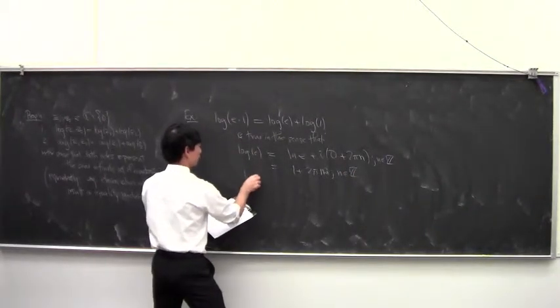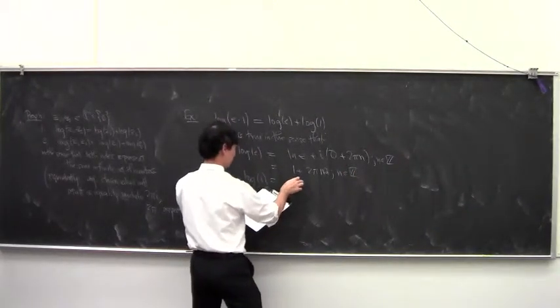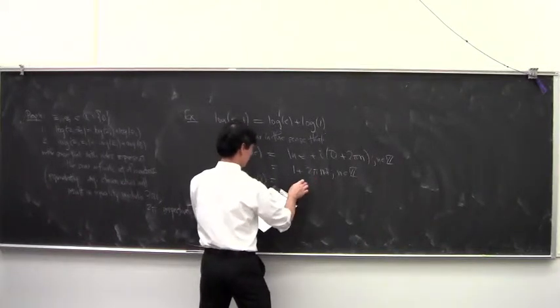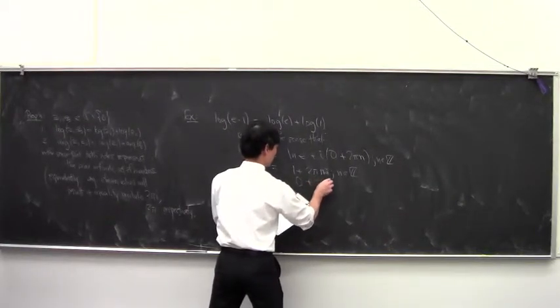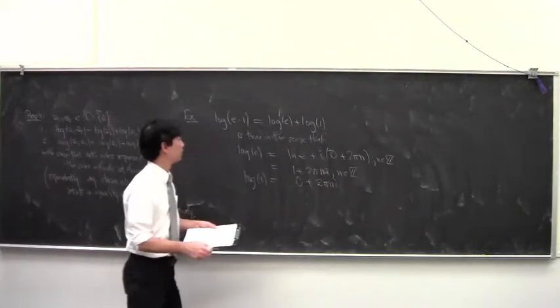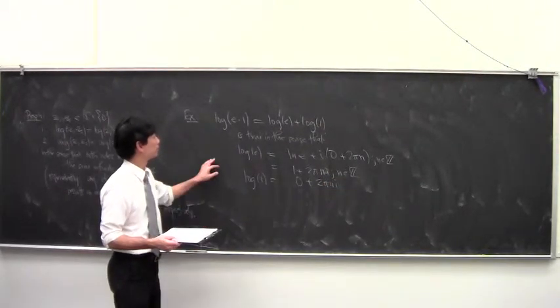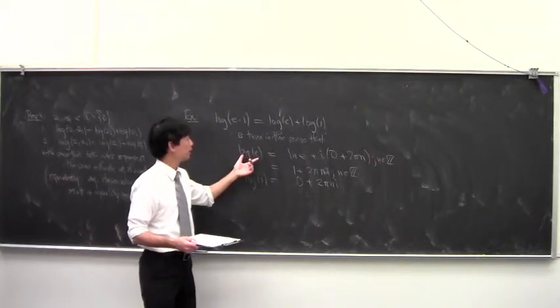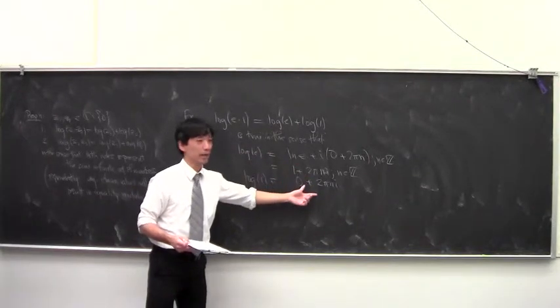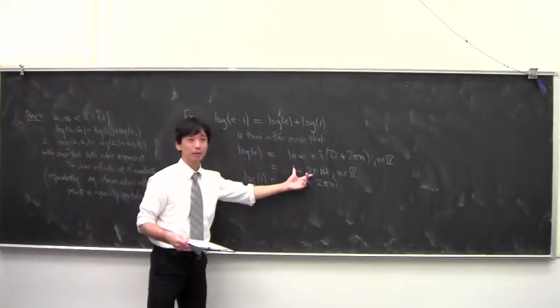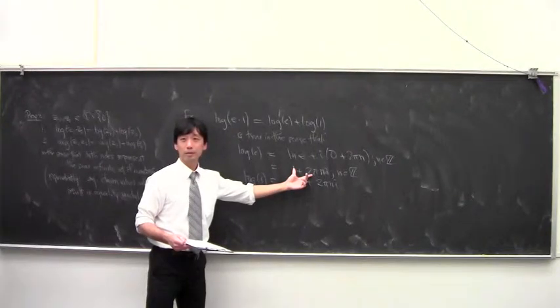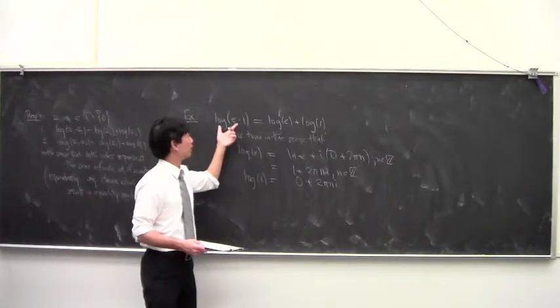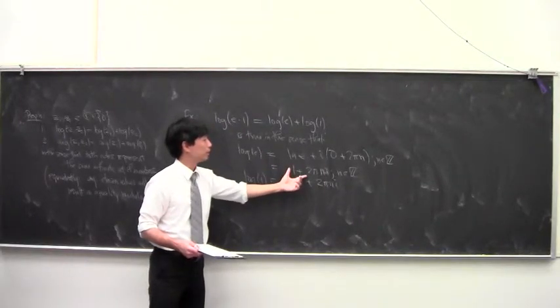And log 1 is going to be 0. Natural log 1, which is 0. 0 plus 2 pi ni. And you see that if I take this set and add it to this set, again I get this set back. This log e on the left, it's this thing.